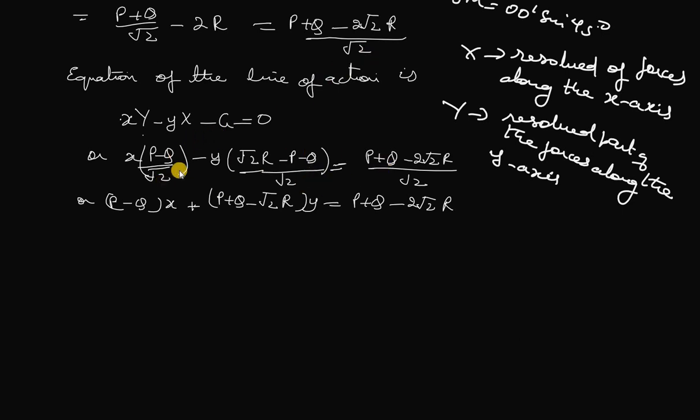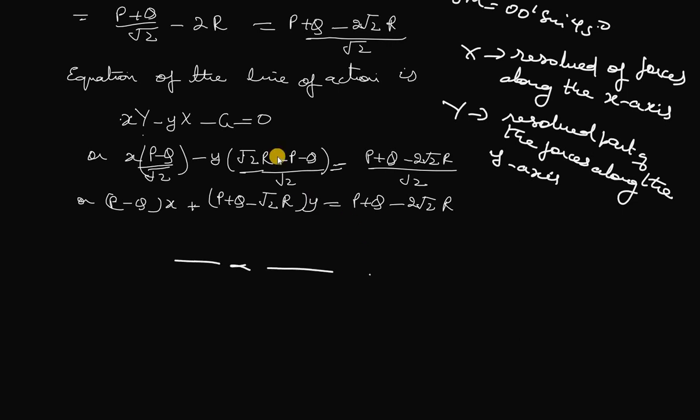As you can see here, root 2 is common throughout. So this implies that P minus Q into X plus, you bring this minus inside, so this will become plus. So you have P plus Q minus root 2 into R into Y is equal to P plus Q minus 2 root 2 into R, which gives you the required equation of the line of action.